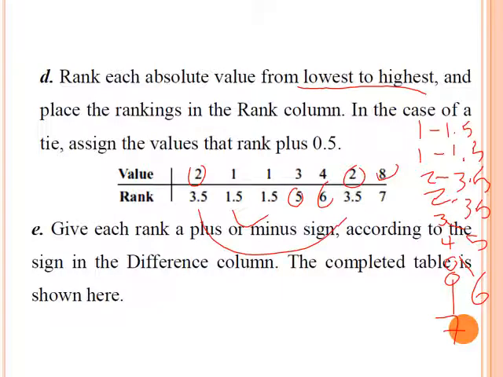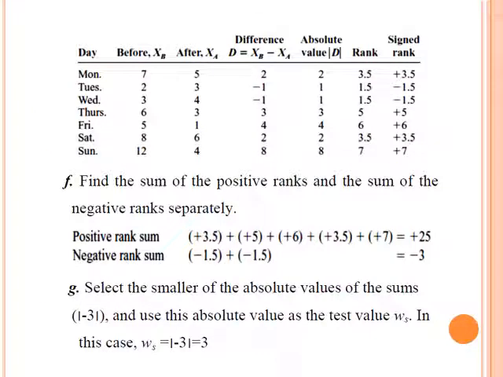Give each rank a plus or minus sign according to the sign in the difference column. This means that we will go again to the first column, see the sign of the difference, and take the rank of each one according to the difference column to complete the table like this.